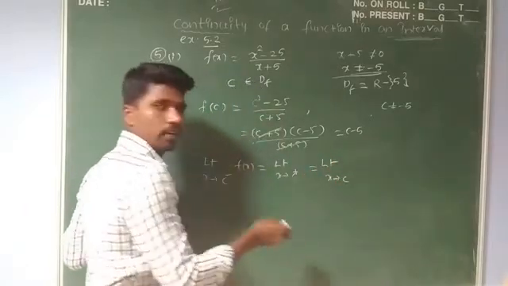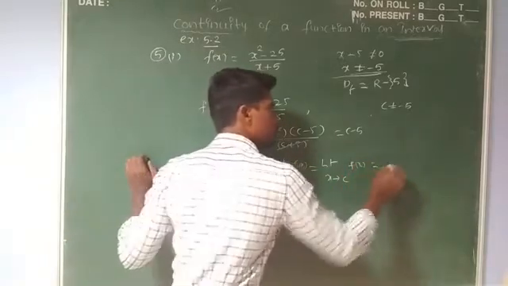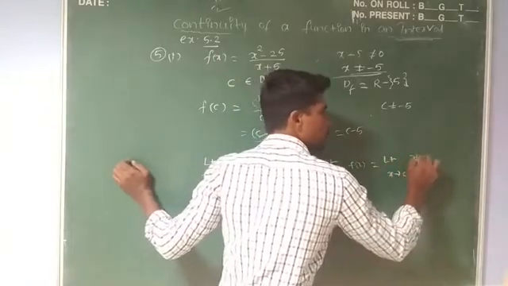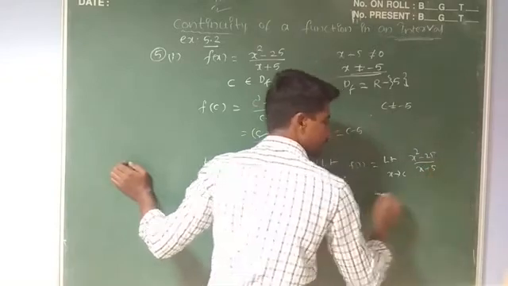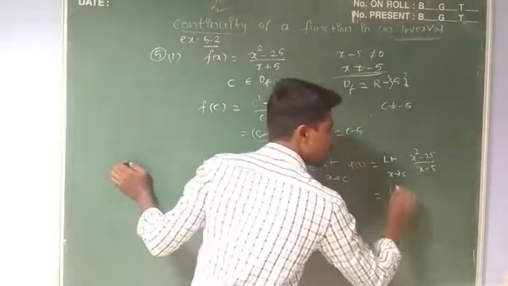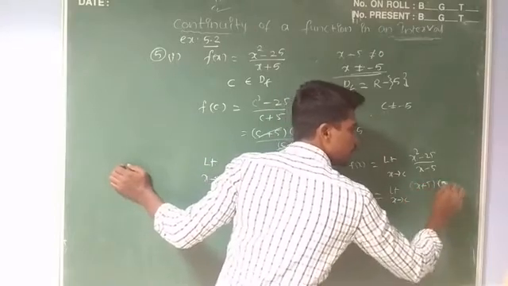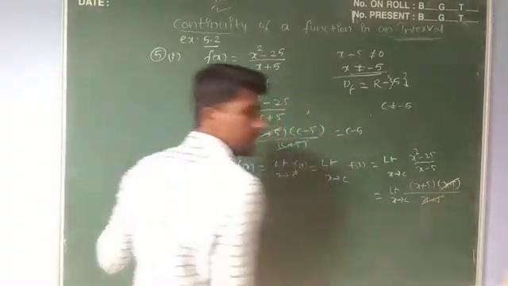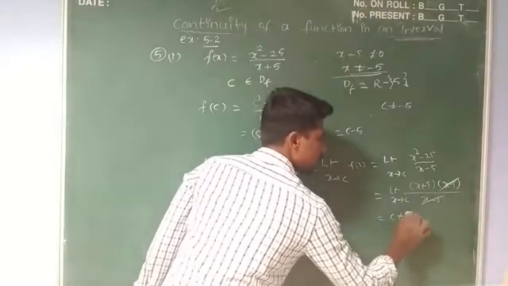So what we learned in the previous class: limit as x tends to c of (x square minus 25) by (x minus 5). x square minus 25 can be written as (x plus 5) into (x minus 5) by (x minus 5). x minus 5 cancels. Now as x tends to c, which is nothing but c plus 5.